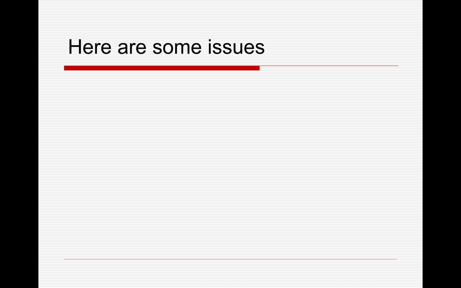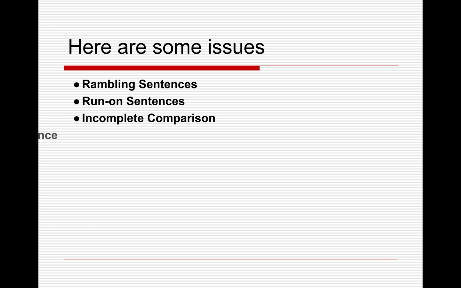The 8 issues that I'm going to be talking about, some of them you've heard of before, like rambling and run-on sentences. Maybe you've had a teacher tell you, "Hey, this is a run-on," but maybe they never told you what that run-on means. There's also incomplete comparison and indefinite reference. You may have heard those words before, not 100% sure what they mean.